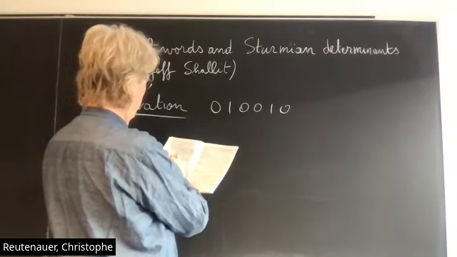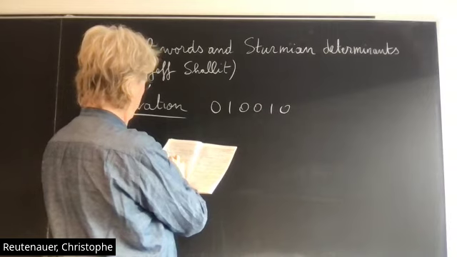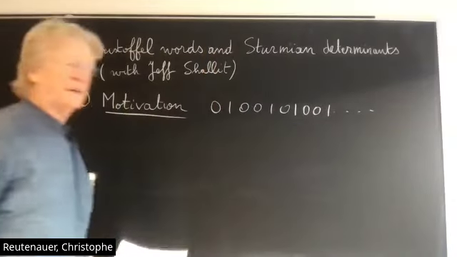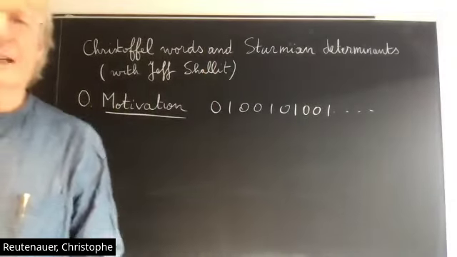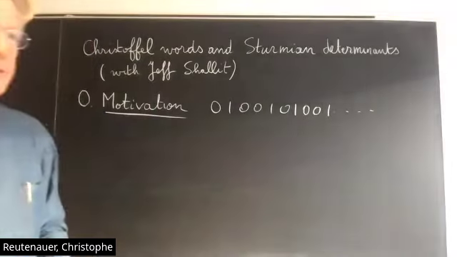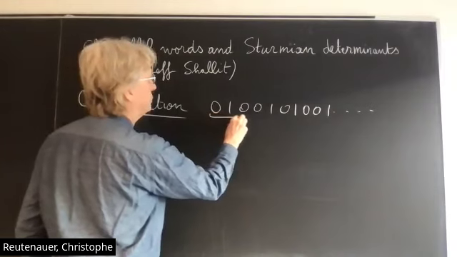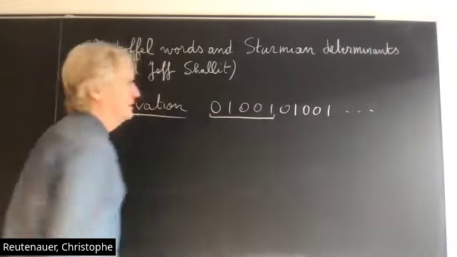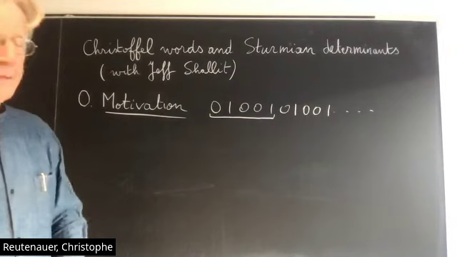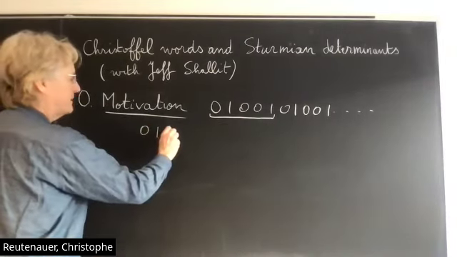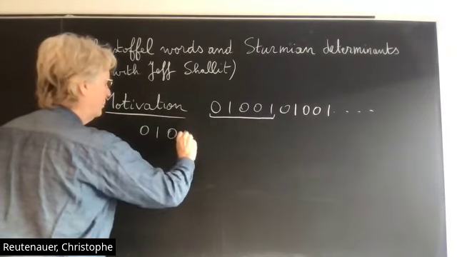Then 1, 0, 0, 1, 1, 0, 0, 1, and so on. And now I choose the length of factors. Let's take 5, and I consider the first factors of length 5. So I write them into a table.